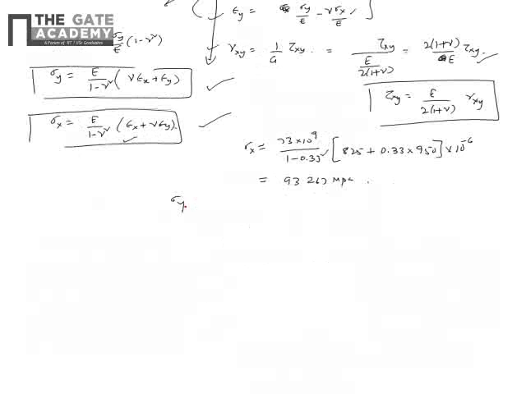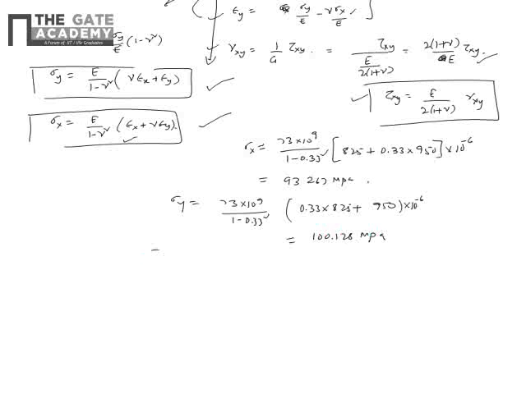Similarly, sigma y, substituting 73 into 10 power 9 by (1 minus 0.33 whole square), times (0.33 of 825 plus 950) into 10 power minus 6, comes out to be 100.128 MPa.